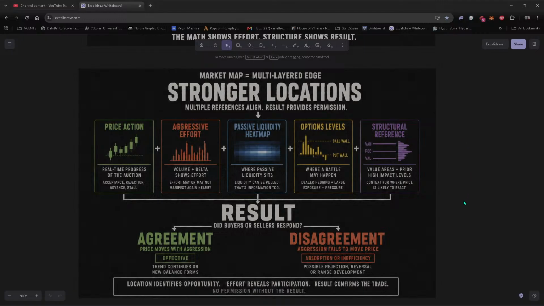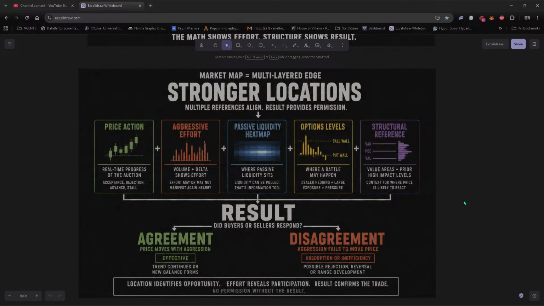It's kind of putting all this stuff together in a more holistic picture. So these are indicators. These are levels of interest. This is the price action, the actual candles printing, regardless of time frame or style of chart you use.